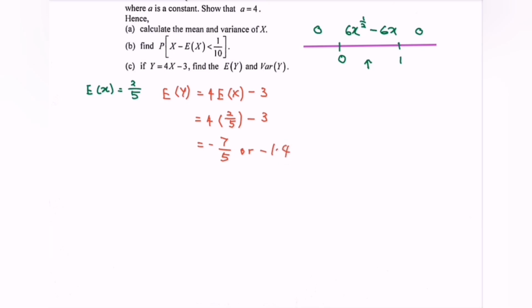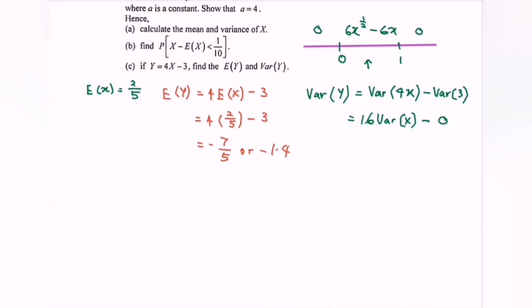Continue. The question asks us to find the variance for Y. So variance for Y means that we have VAR(4X minus 3), which is VAR(4X) minus VAR(3). So remember the properties, where we will have 16 VAR(X) minus 0. Continue.